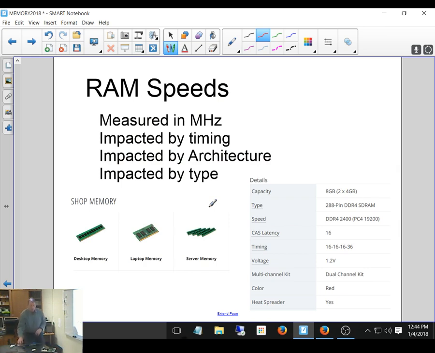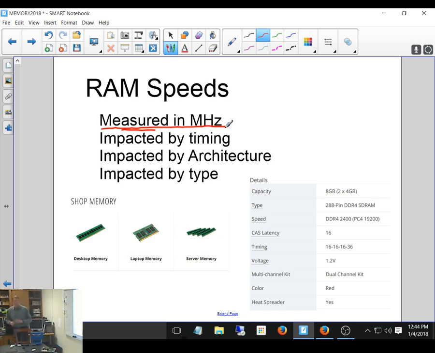So when we talk about RAM, just like with CPU where we talked about things in gigahertz, in RAM we talk about speed in megahertz. But there's more than just that which helps determine the relative speed of one stick of RAM versus another.